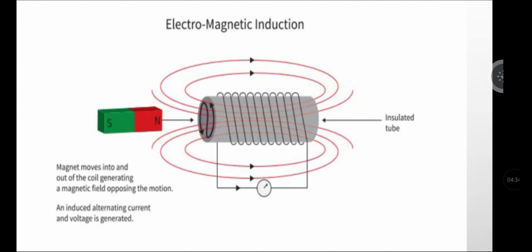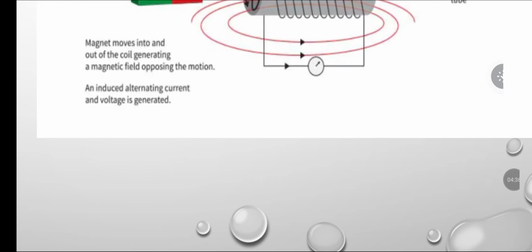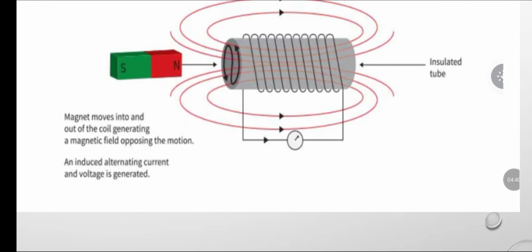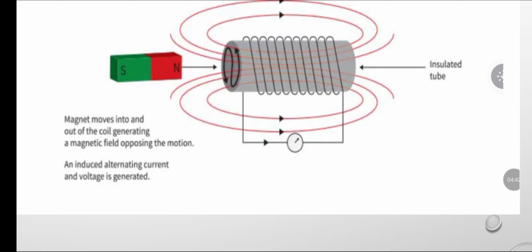So here it is mentioned clearly that a magnet moves into and out of the coil, generating a magnetic field opposite the motion, and induces alternating voltage in the generator.